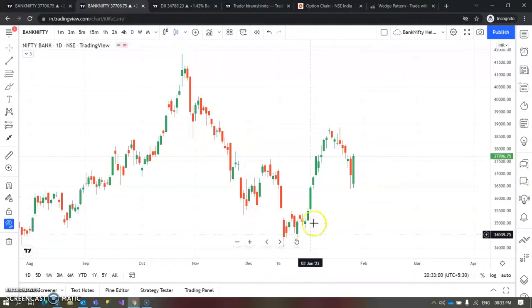So after a downfall, the market retraced again, it corrected and it has formed a good support zone around 36,500 to 37,000 levels, and then we can see an upward rally, but this won't be straight altogether. It may go up and down, and it would try to break its own all-time high. So this is the day view analysis.